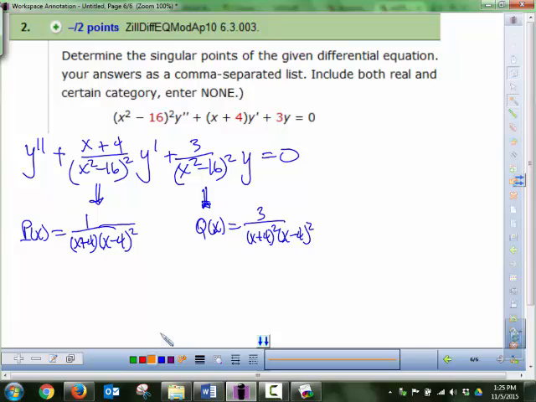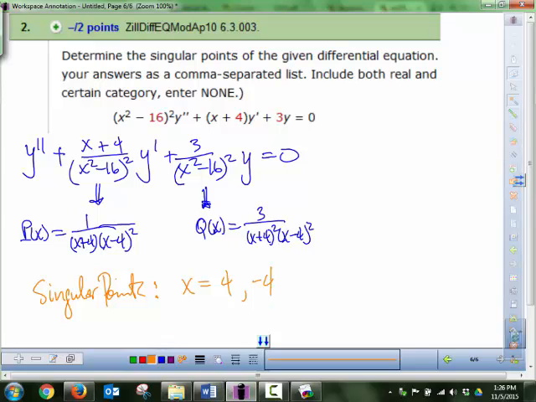So it looks like we have two singular points, x equals 4 and x equals negative 4. We want to examine both of those points to see if one of them becomes regular or they're both going to be irregular. We good so far?